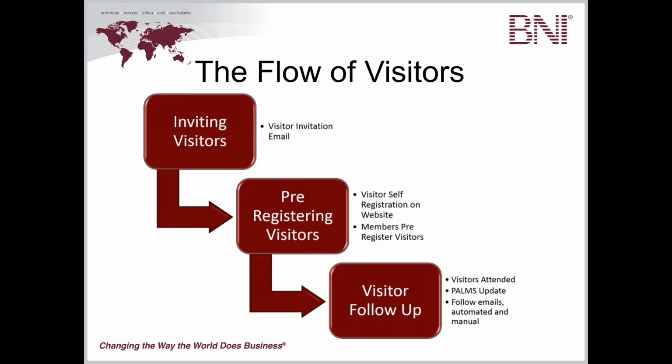So what this registration piece does is it really changes the mentality of a visitor coming to the meeting. So instead of it being this casual, hey, yeah, show up if you want to, once the visitor RSVPs, they immediately get an email.